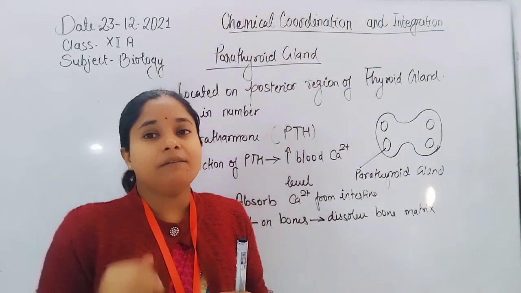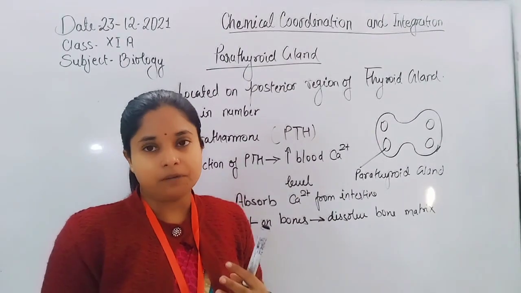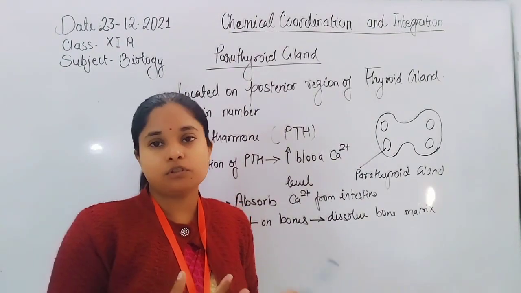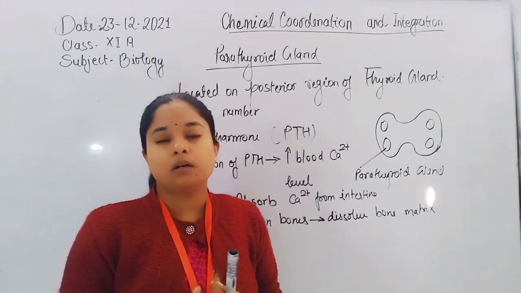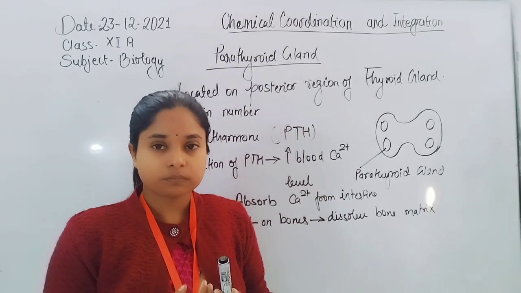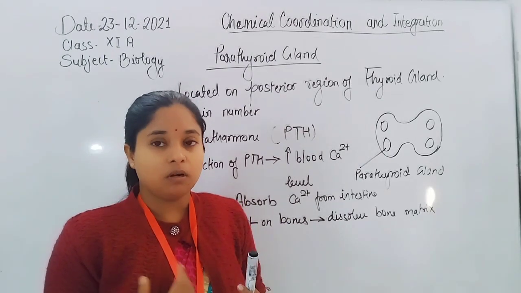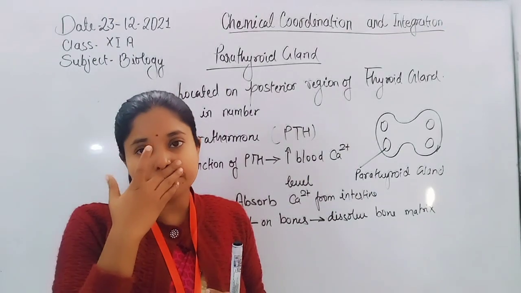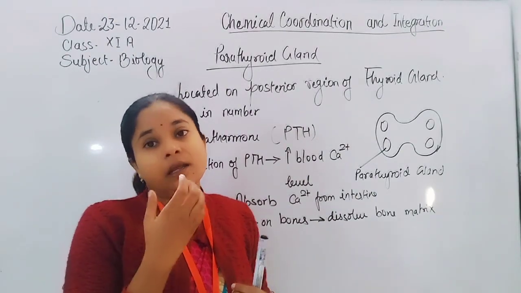So each and every time calcium ion is needed for every movement and locomotion, and even if we are not moving, our heart regularly pumps blood throughout life, which also needs calcium ion.